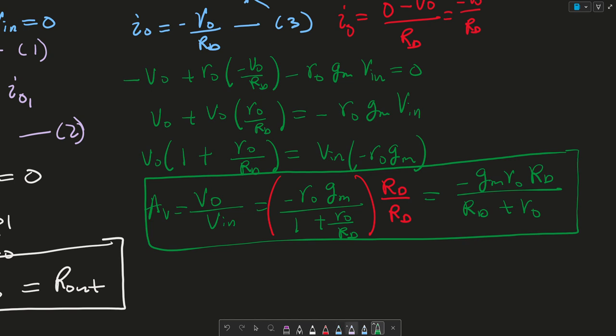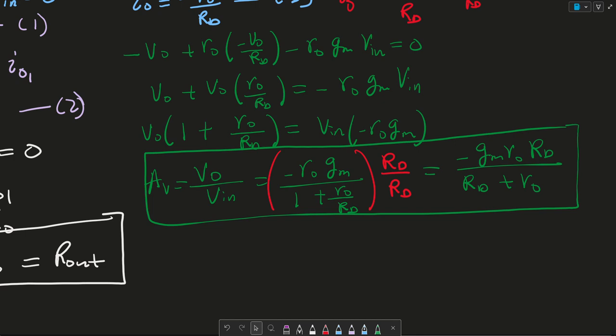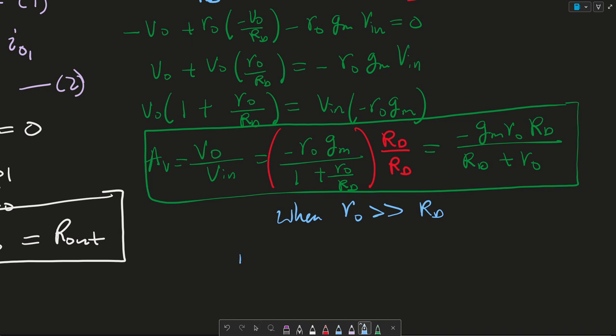And we could simplify this, especially when we're doing analysis with bigger circuits like op amps. We can simplify this and say when RO is a lot greater than RD, AV, think about it like if RO is infinity, it's minus GM, let's just say infinity times RD over RD plus infinity is just infinity.